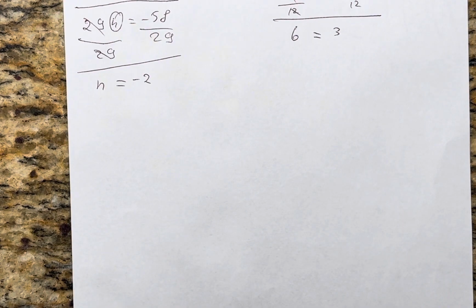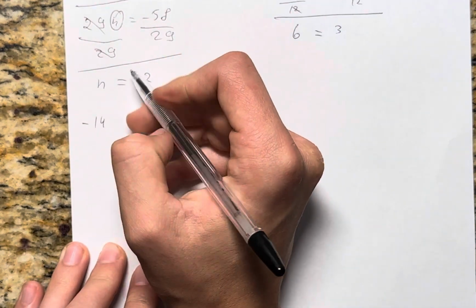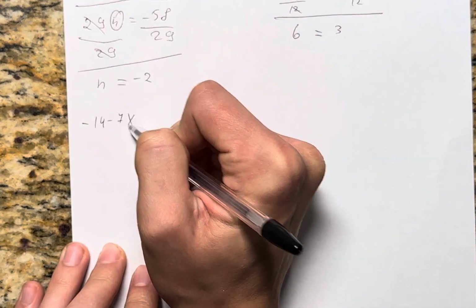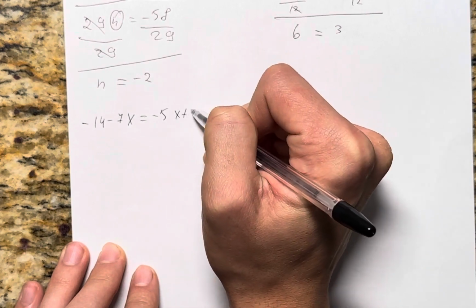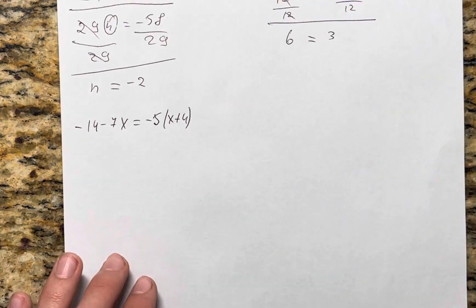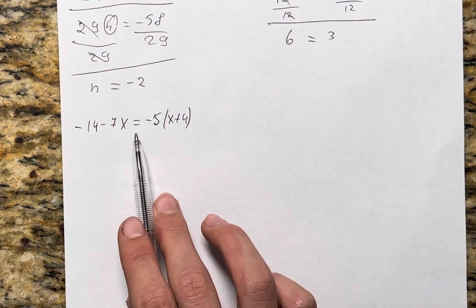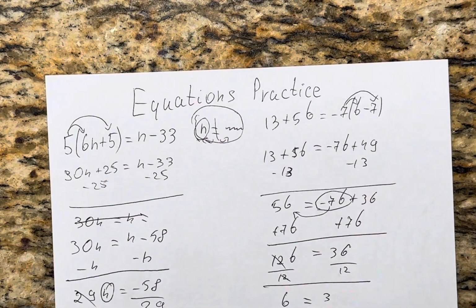Alright, next one is negative 14 minus 7x equals negative 5 times (x plus 4). This one is the same as these two.